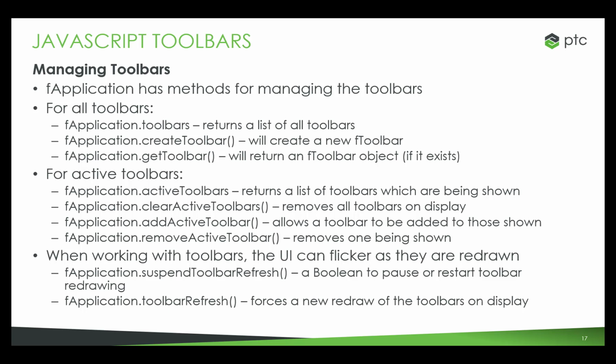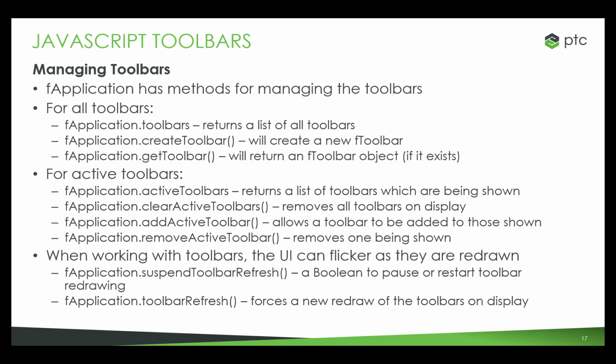You can clear all the active toolbars, so you can reset to no toolbars using this method, and then you can add new active toolbars. So if you wanted to completely refresh the interface with a new set of toolbars, then you can add a number of different toolbars once you've cleared it. You can also remove a specific active toolbar from the list of those which are being shown.